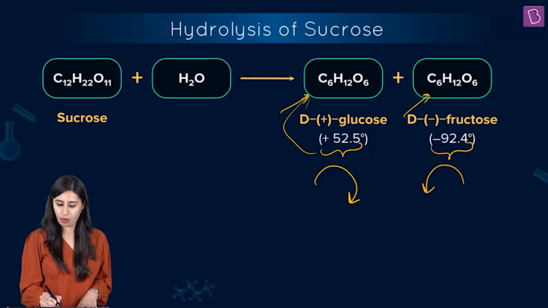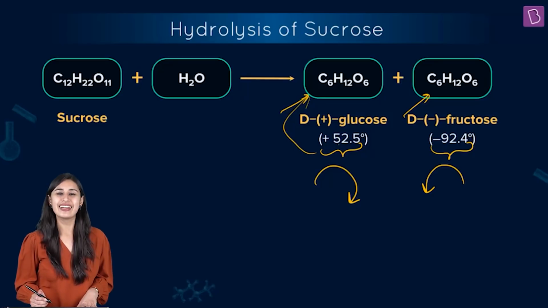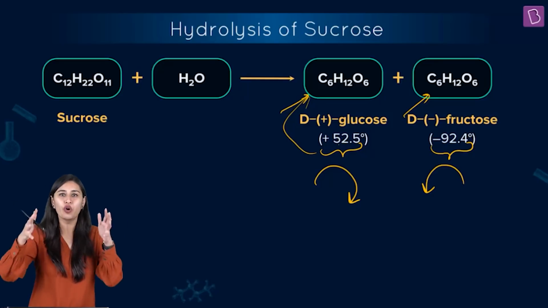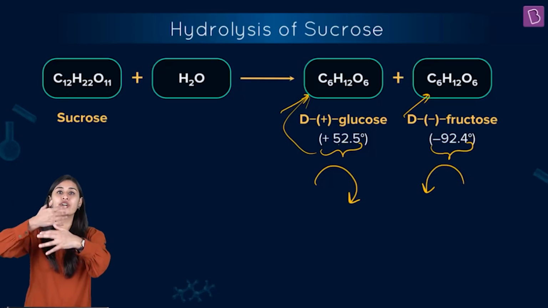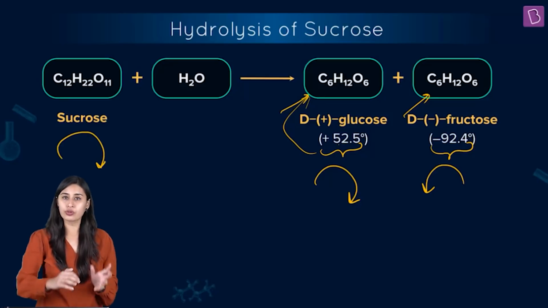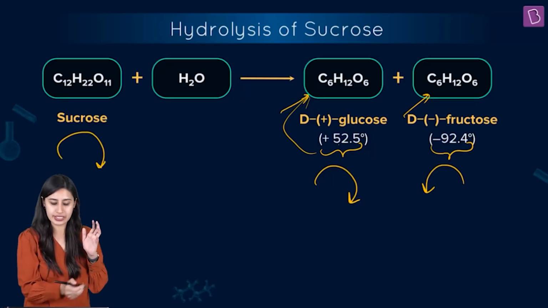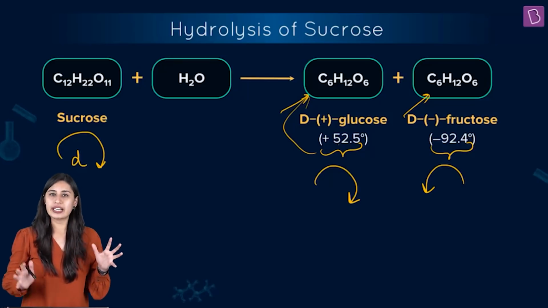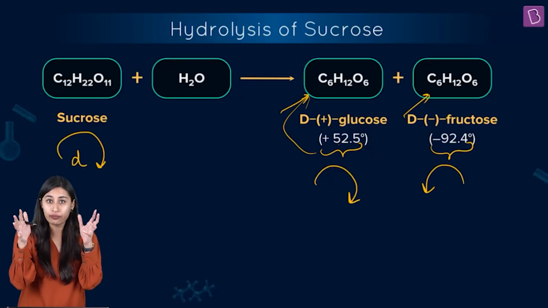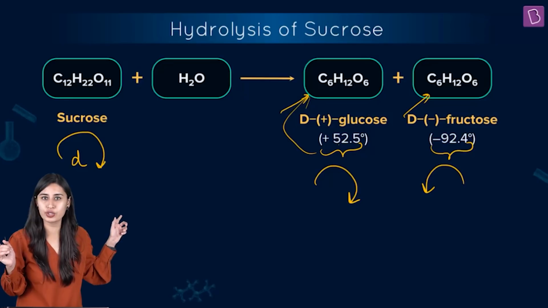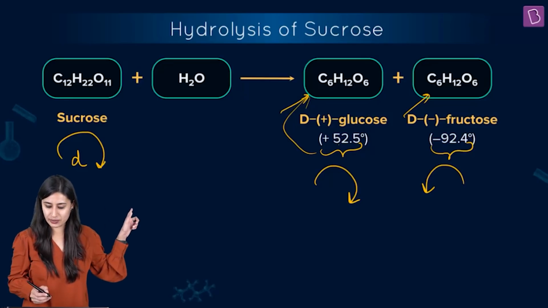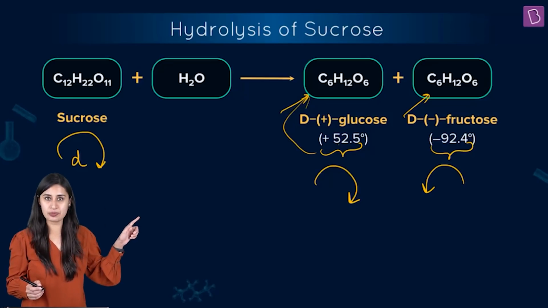And see the degree also, 52.5 degree and minus 92.4 degree. Clearly, if you see the overall solution, there will be an inversion. We were starting with sucrose, which was dextrorotatory, right? But we are getting an equimolar mixture of the two monosaccharides, okay? The equimolar mixture has been produced.